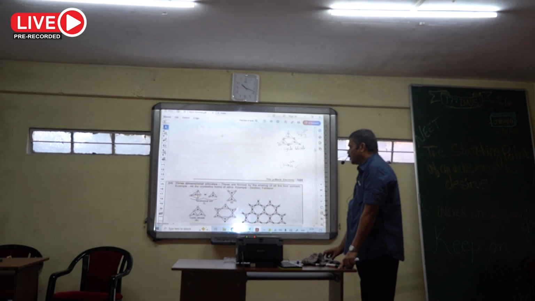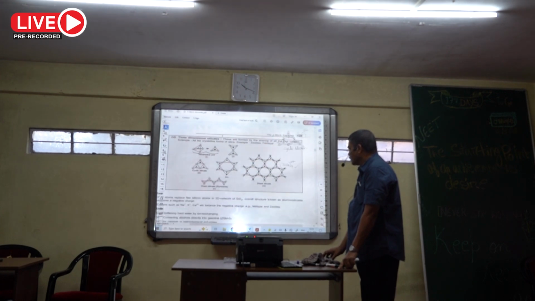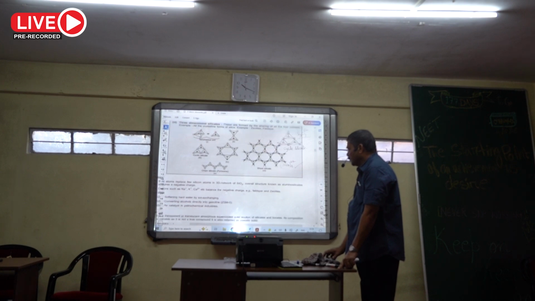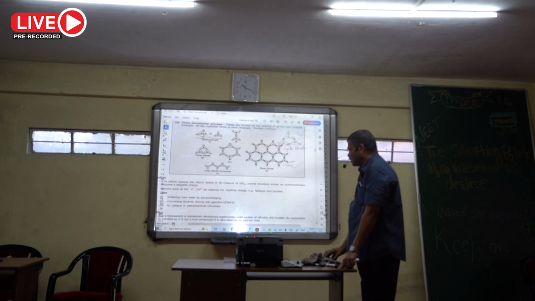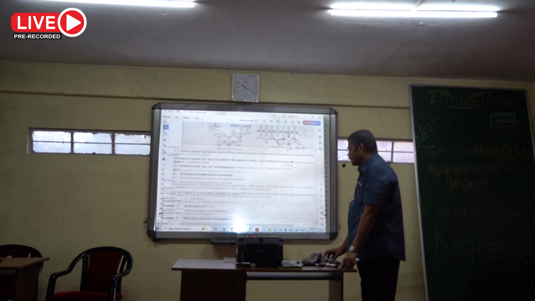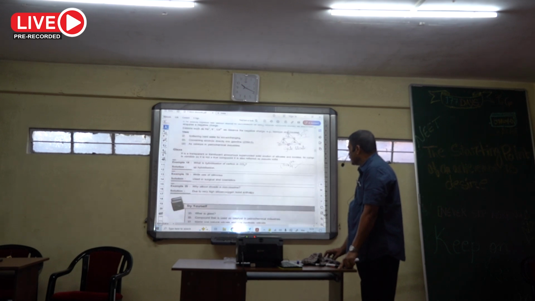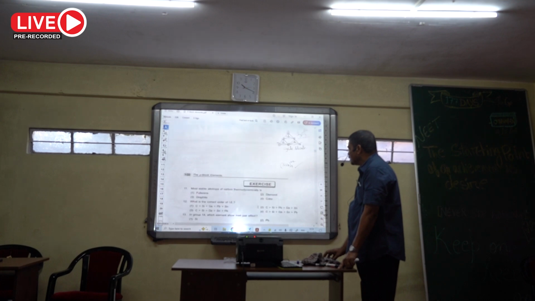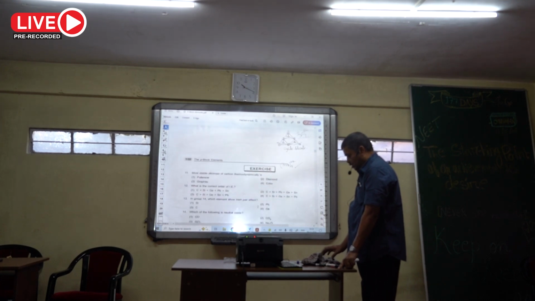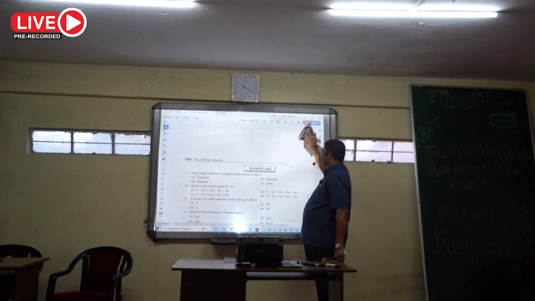If all the four corners, last point, if all the four corners of the tetrahedron are shared by other tetrahedra, they are called 3D silicates.